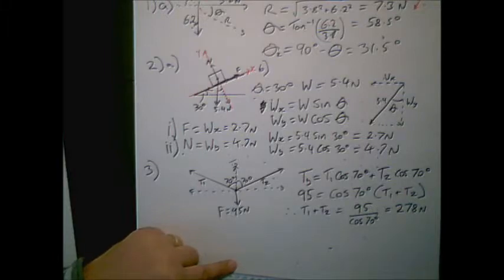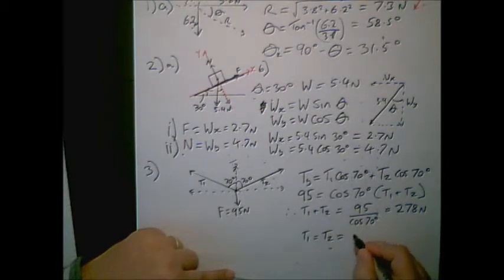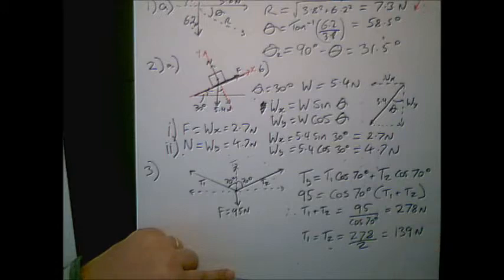Now we'll make the assumption that we can make because these are even. Because these are even, we know these must be equal, and because these therefore must be equal, this must be shared equally between them, and therefore T1 will be equal to T2, equal to half of 278, which is 139 newtons.